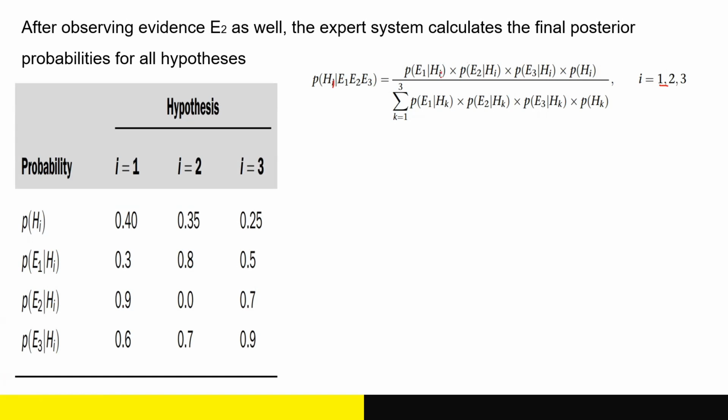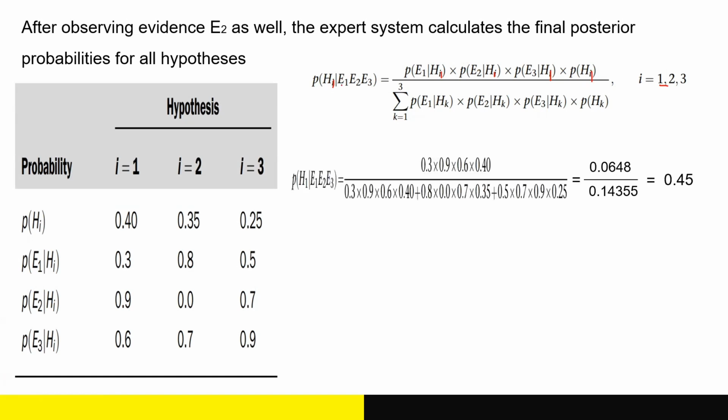The probability of hypothesis 1 given evidence 1, 2, and 3 is equal to the probability of evidence 1 given hypothesis 1, so we have 0.3, multiplied by the probability of evidence 2 given hypothesis 1, so we have 0.9, and then multiplied by the probability of evidence 3 given hypothesis 1, so we have 0.6, multiplied by the probability of hypothesis 1, so we have 0.40. And then our index k over here is equal to 1.